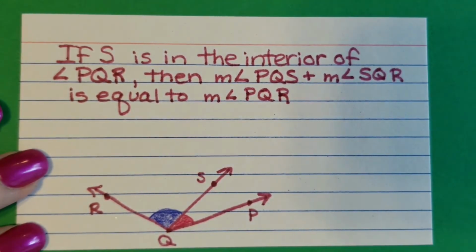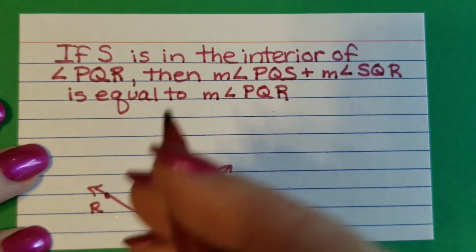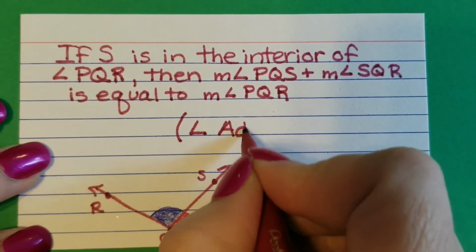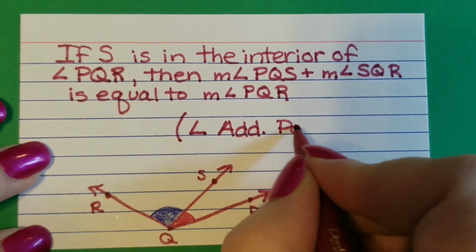When we use this postulate in theorems, we like to abbreviate it though. You'll often see it written as angle addition postulate.